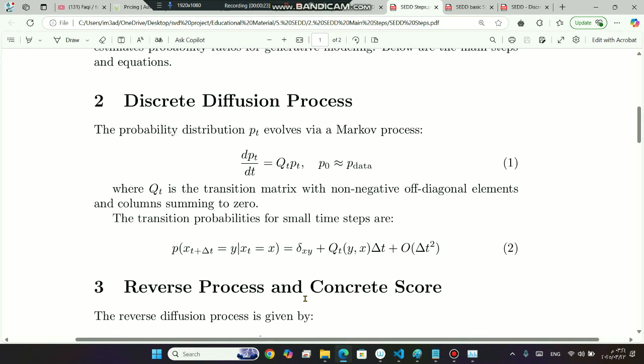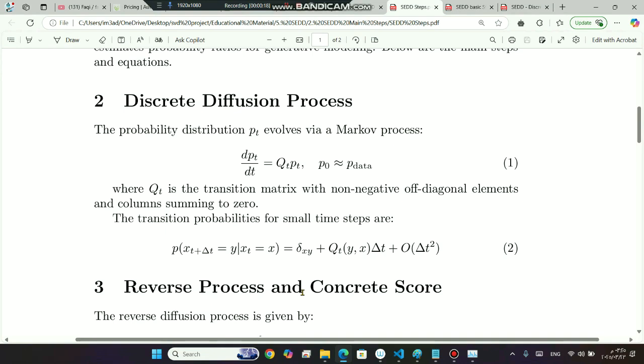And just like any first order differential equation, we can approximate it by saying that the change in p_t will equal delta t times Q_t times p_t.